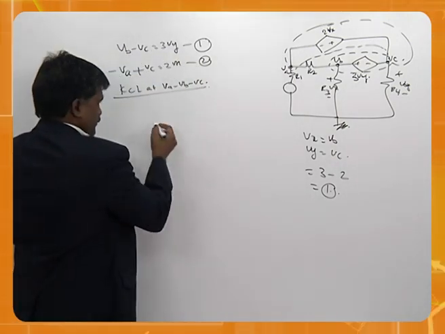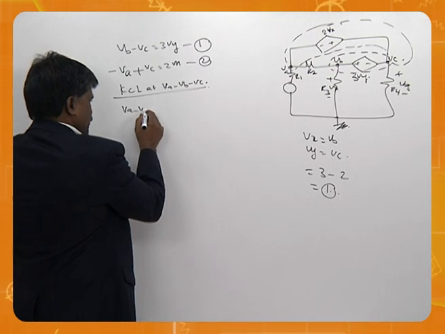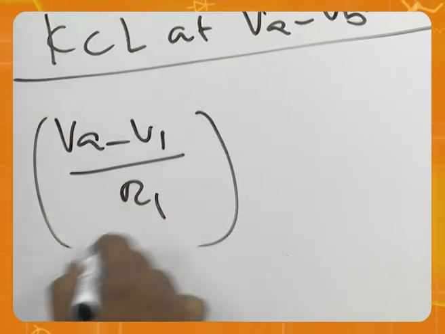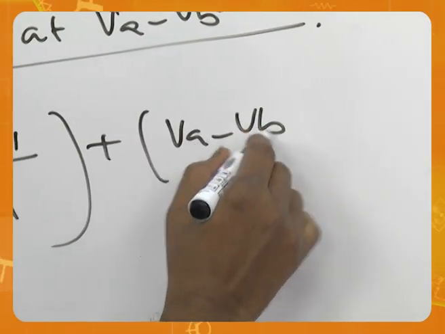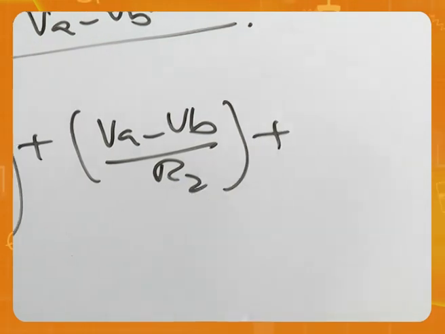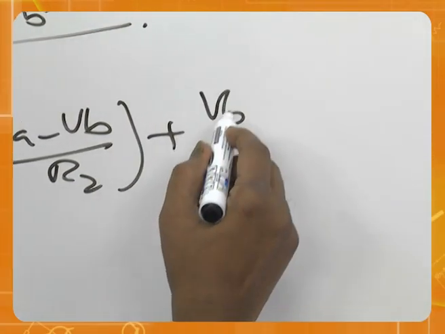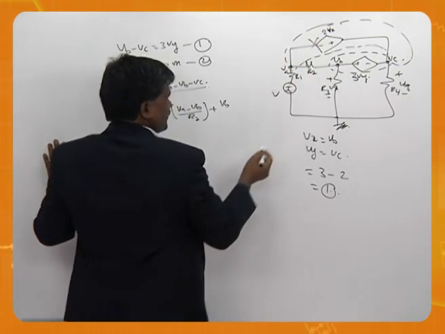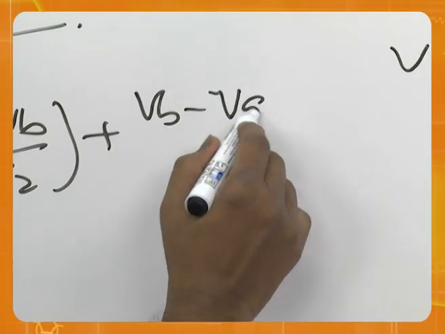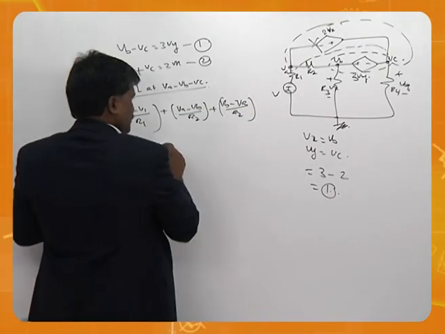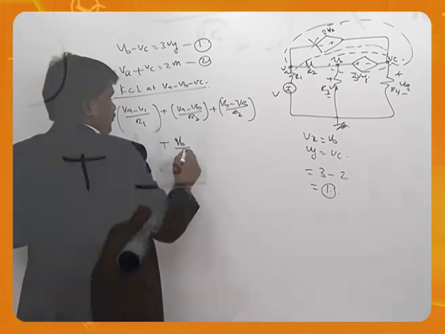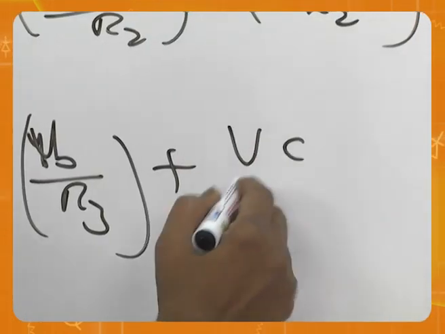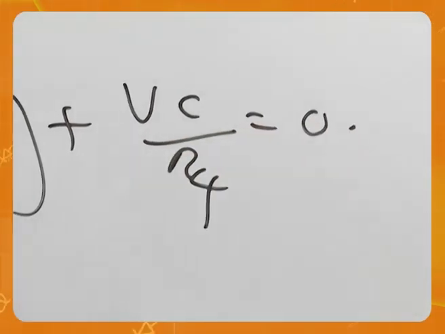That's called a super node. (VA minus V1) by R1 plus (VA minus VB) by R2 plus, this is not possible, so only two taken. When you come here, (VB minus VA) by R2 plus VB by R3, this is not possible, plus VC by R4, equals 0.